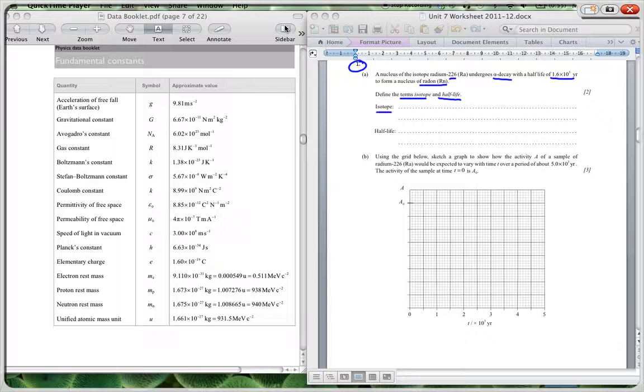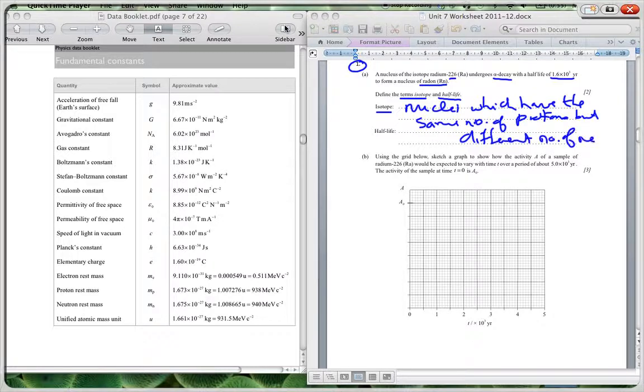So an isotope is a nucleus or an atom, nuclei, which have the same number of protons but different number of neutrons.